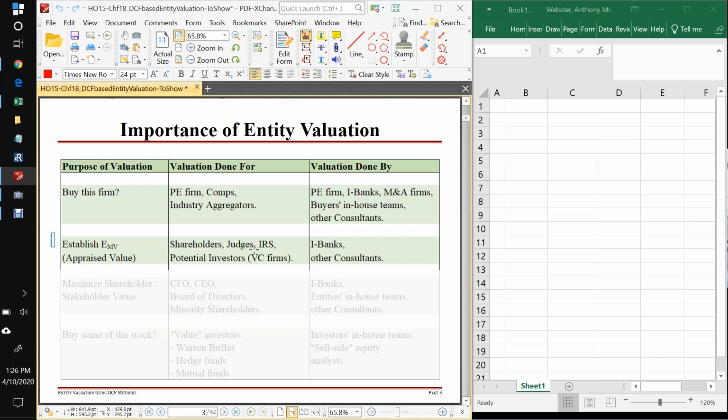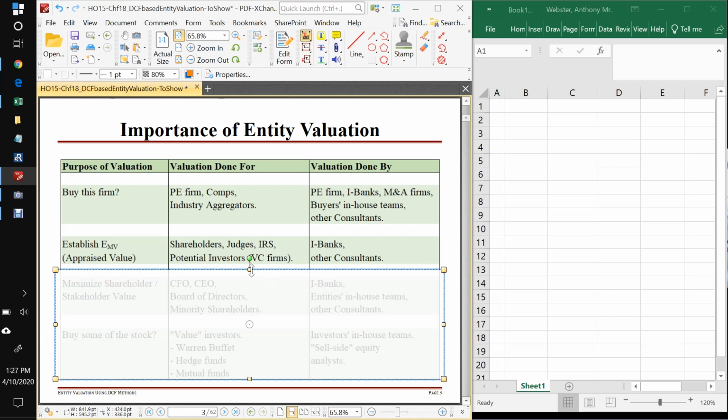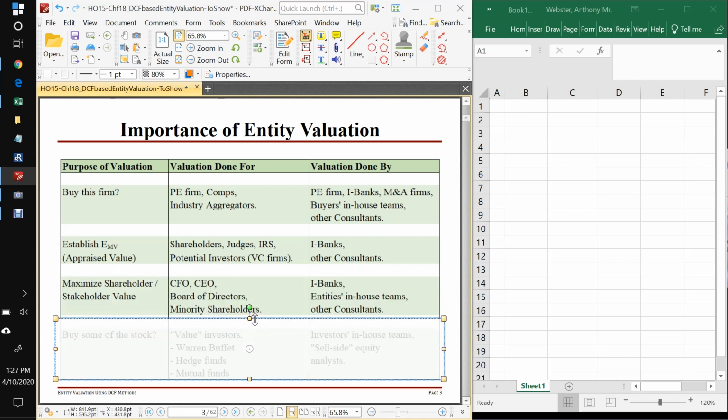Judges do this type of thing in bankruptcy. The IRS does this type of thing to make sure that firms aren't misrepresenting themselves. And potential investors for startups, like venture capital firms, want to have a good estimate of equity market value. So to answer this kind of question, investment banks can do this type of work, or other consultants.